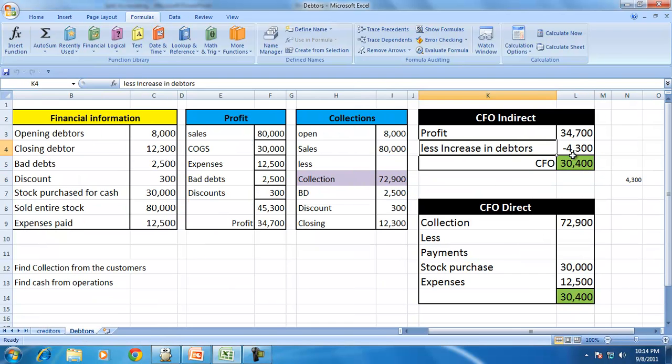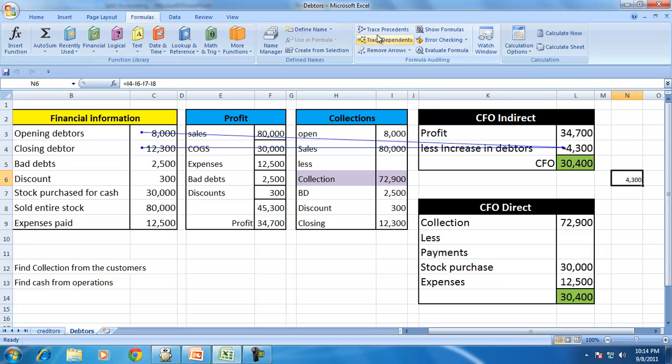Just like the debtor, the opening and closing debtor difference is an increase in the debtor, which reflects the changes in the debtors, which is actually the collections, the sales, bad debts and discount.